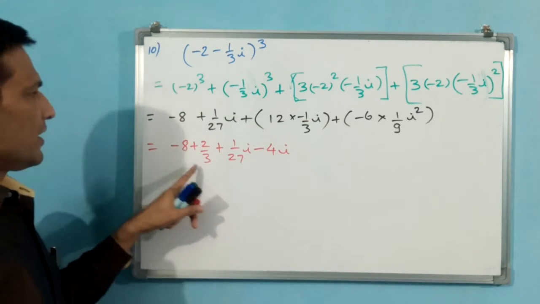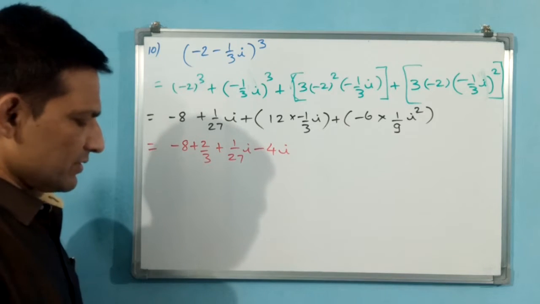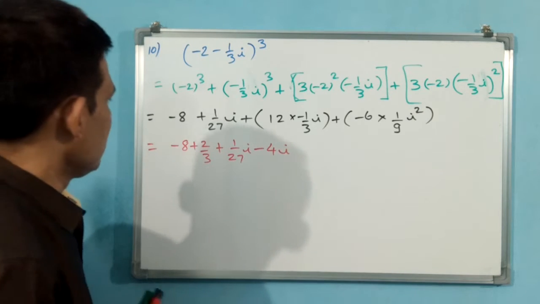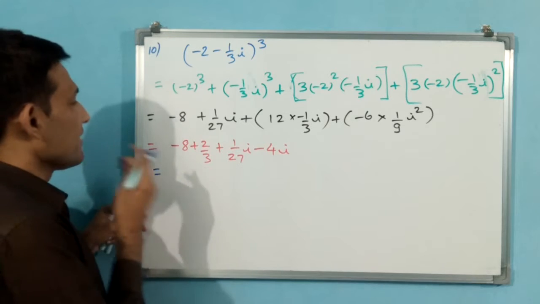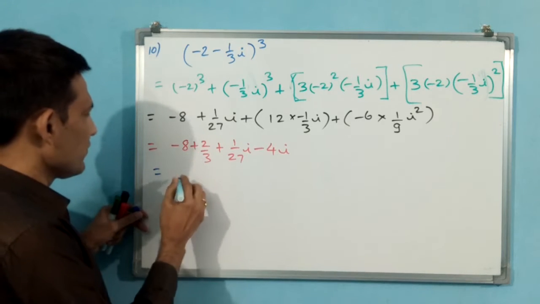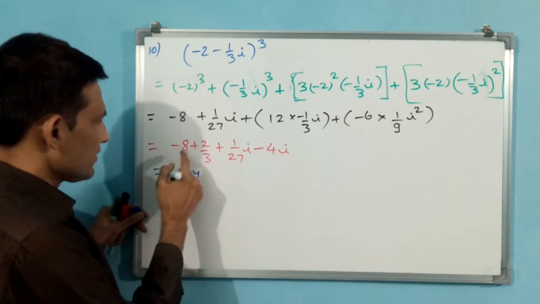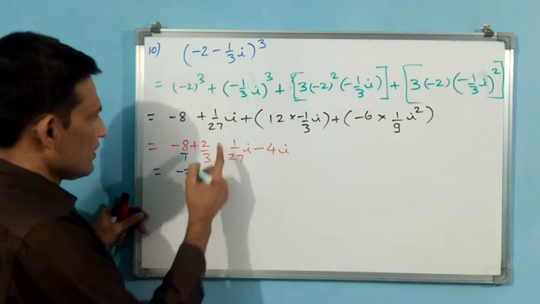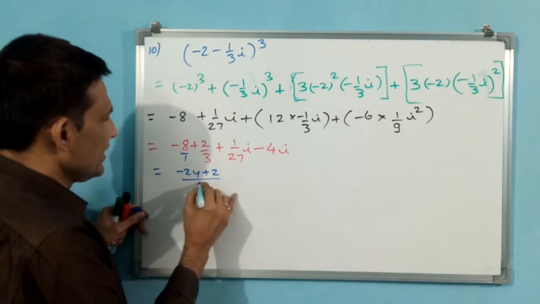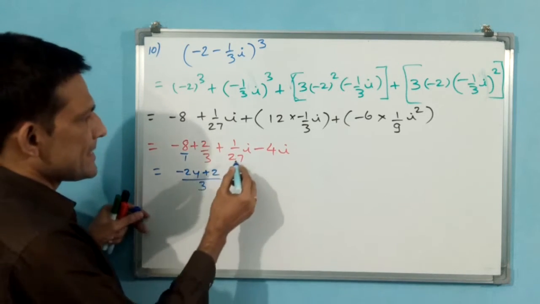Now real numbers and imaginary numbers are separately there, so we can combine them. Minus 24 plus 2 by 3.